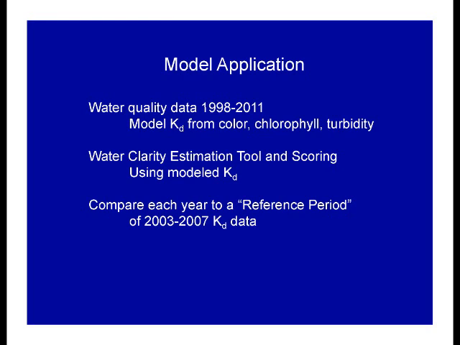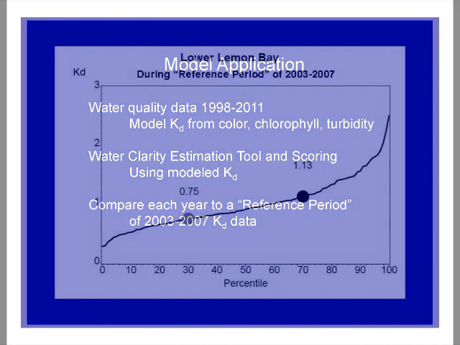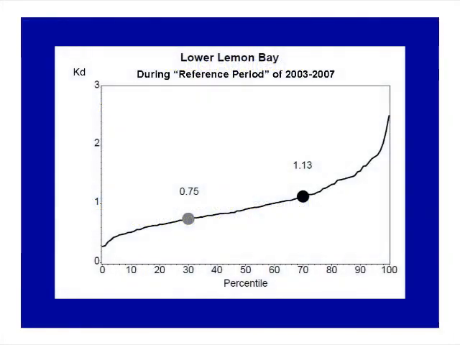And while previously they used measured KD, we're going to use modeled KD in exactly the same procedure. We're going to compare our modeled KD during each individual year to a reference period that had been previously selected as 2003 to 2007.